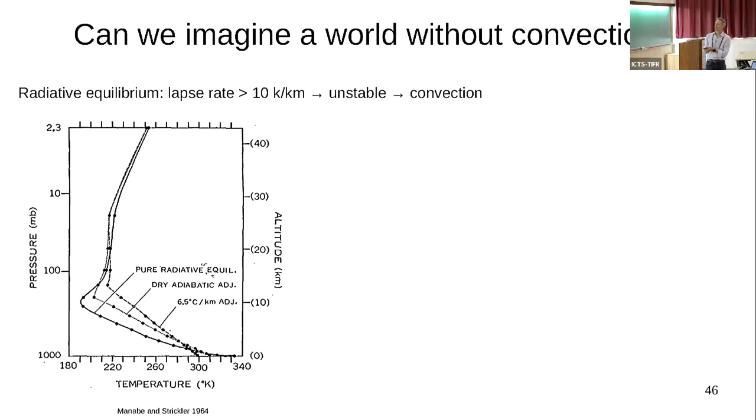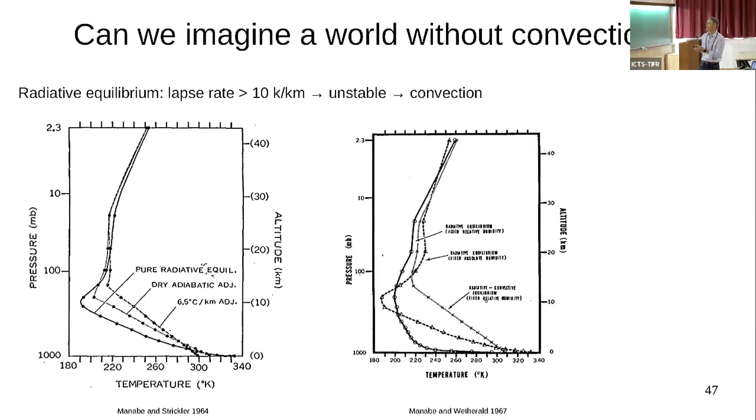Well, actually, Manabe had a correction on this paper. It's this one. And if you have a world, this is this line here, the world with no convection, just radiation, the lapse rate is very steep, but only over a very small period. And then as soon as you're a little bit up in the sky, the lapse rate is not very high anymore.